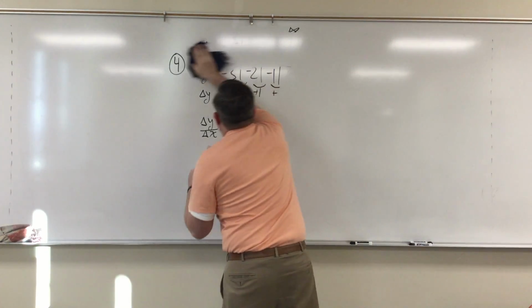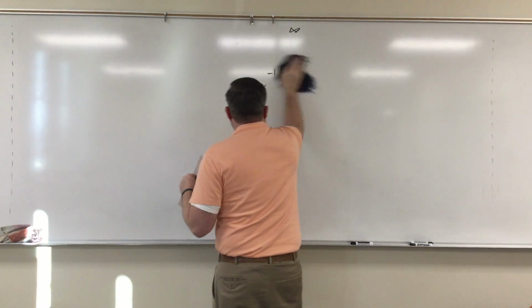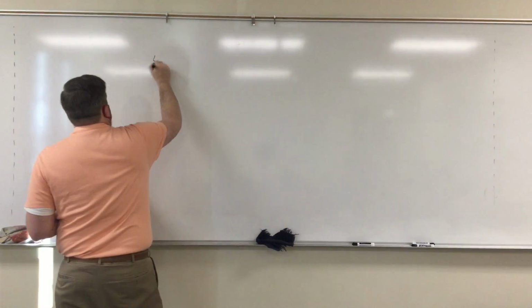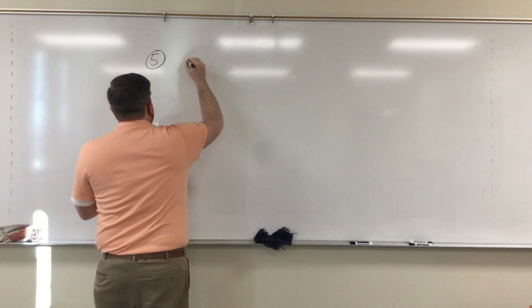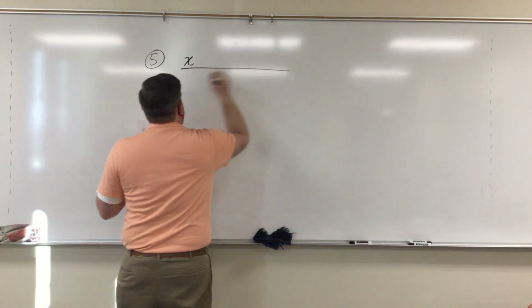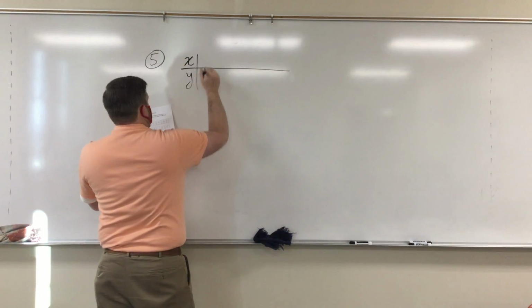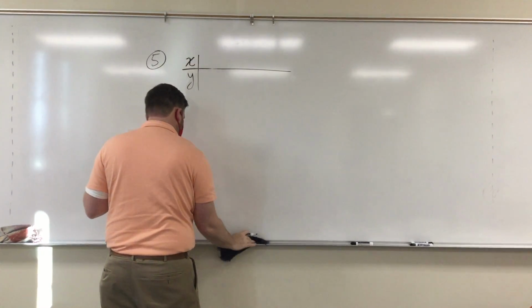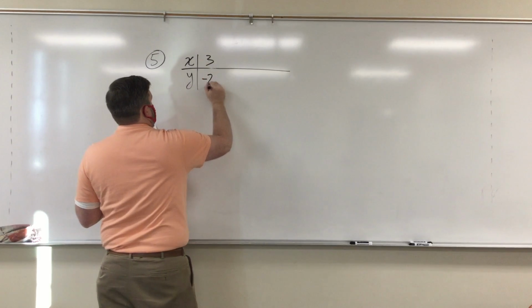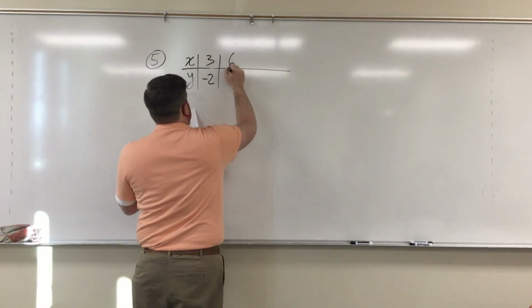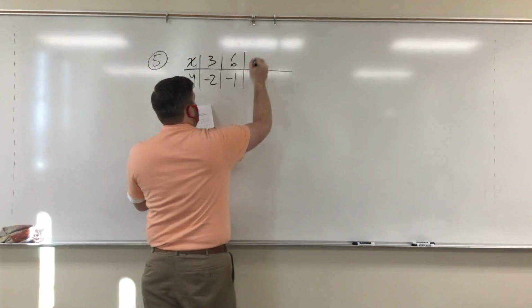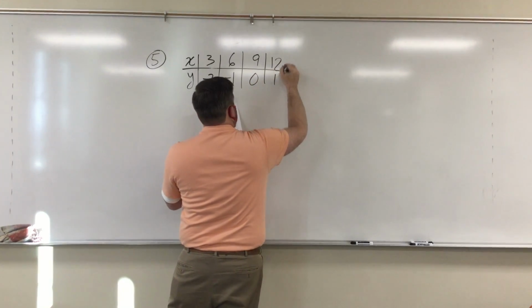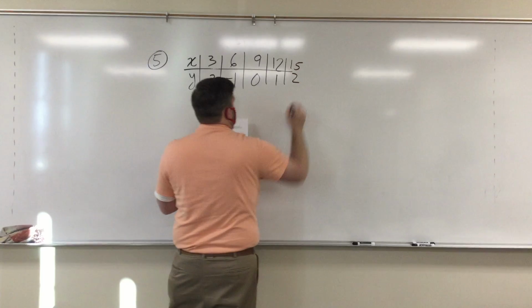All right, last one. Number 5. Nope, positive 3. We get 3, -2, 6, -1, 9, 0, 12, 1, and 15, 2.